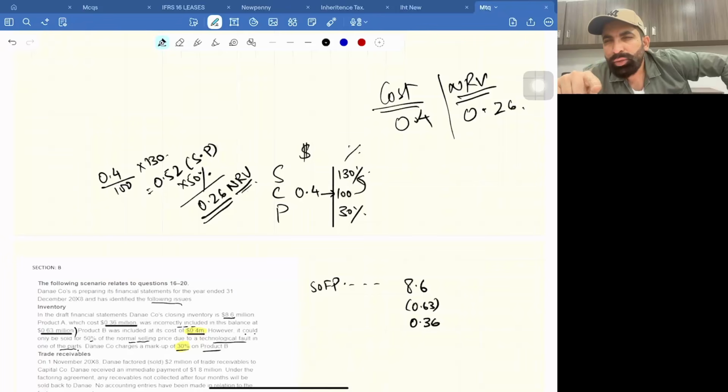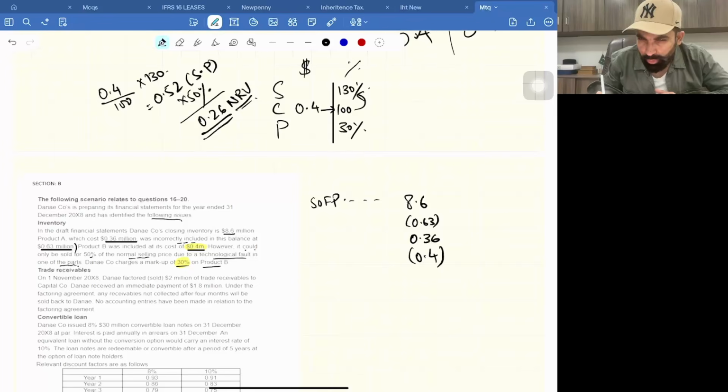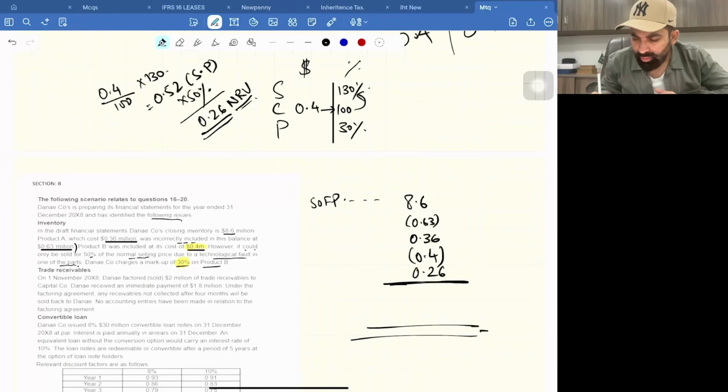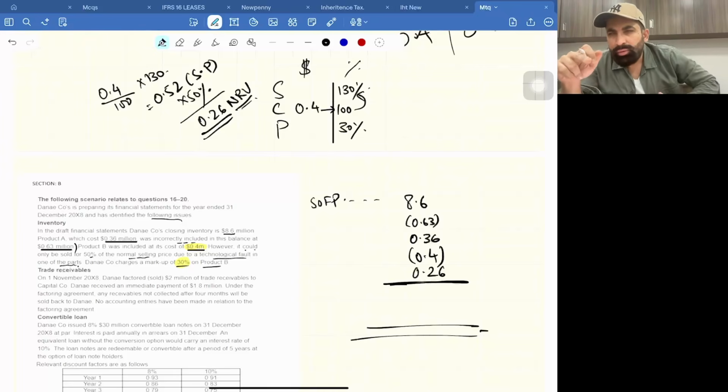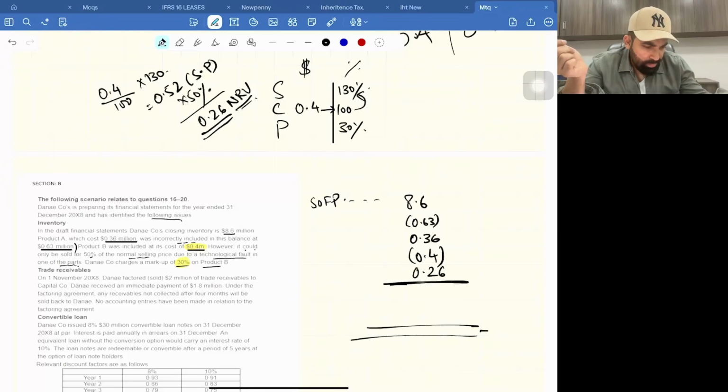Just simply remove the original 0.4 and add 0.26, because 0.4 is the wrong amount and the correct amount is 0.26. Finally, you will get the answer. Although you can adjust the net amount as well, I'm teaching you with this simplified approach.